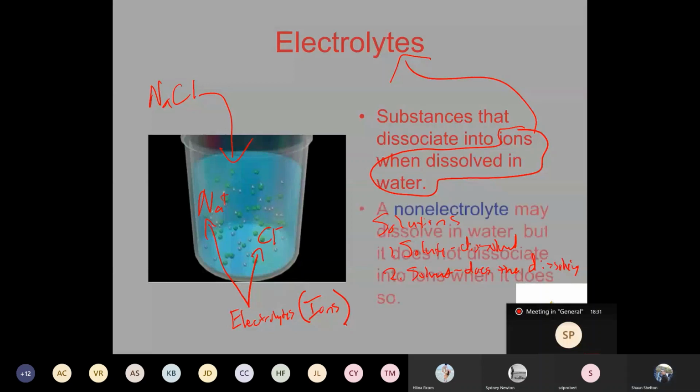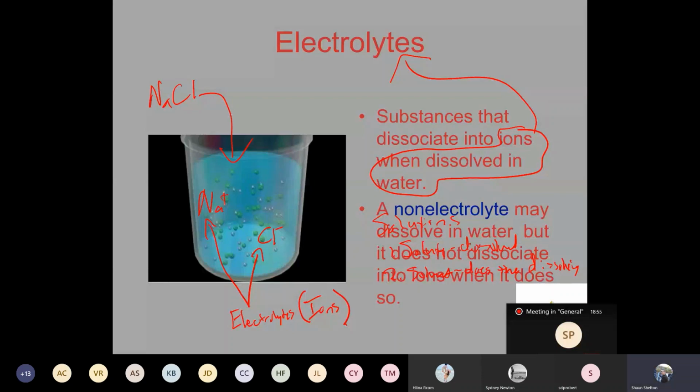Now, when we talk about non-electrolytes, non-electrolytes may dissolve in water, but they do not dissociate into ions when they do so. They dissolve, but they do not break down into respective ions. NaCl is considered an electrolyte.